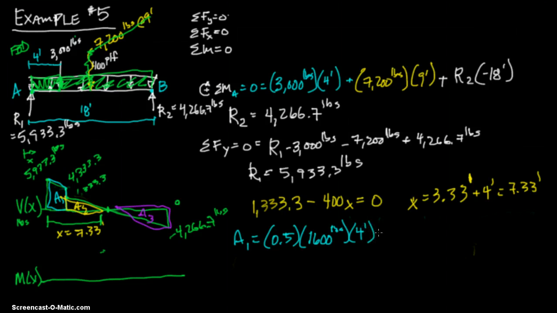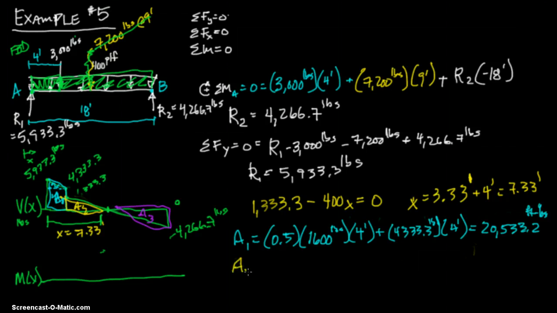That is the triangle above. Now we have to add the rectangle below, which is 4333.3 pounds times that 4 foot again. And that equals 20,533.2, give or take, foot pounds.